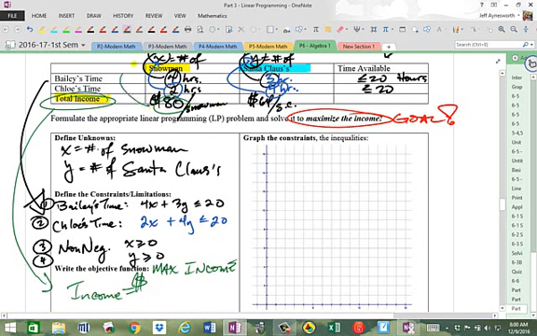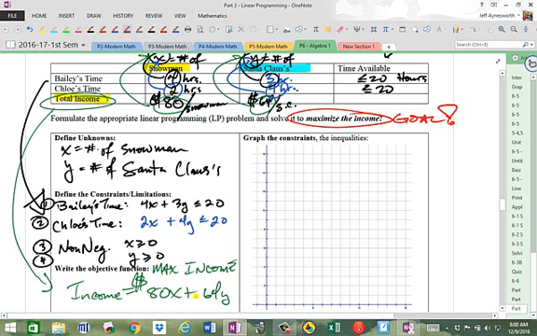So I take 80 and multiply it by x plus 64 and multiply it by y, because that's how many I'm making of the Santa Clauses, and that will give me the total income. The question is what combination of snowmen and Santa Clauses will create the maximum income?